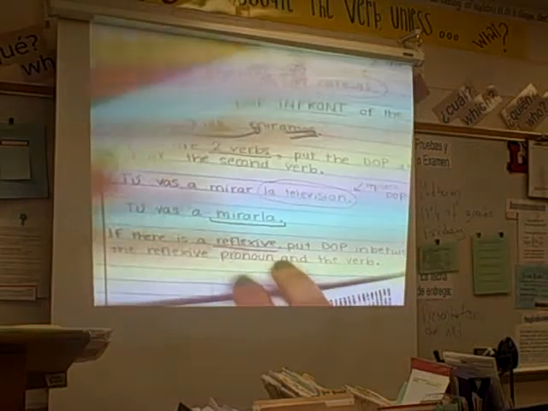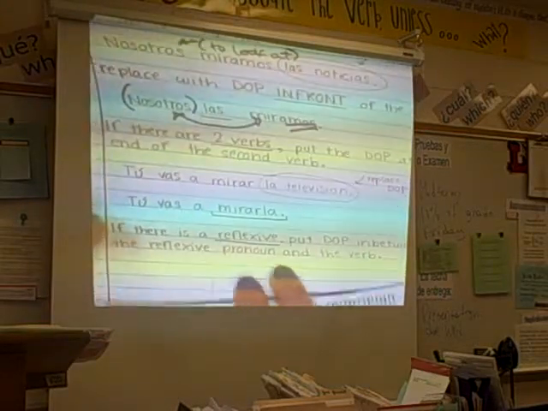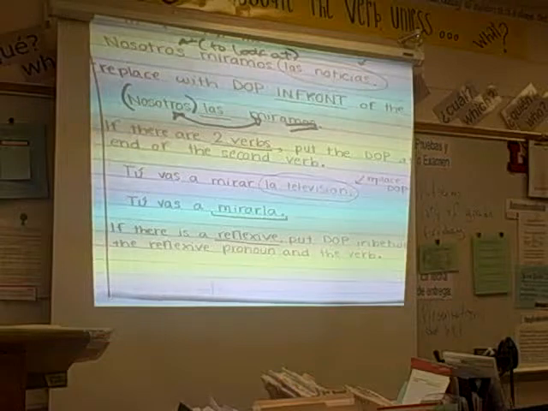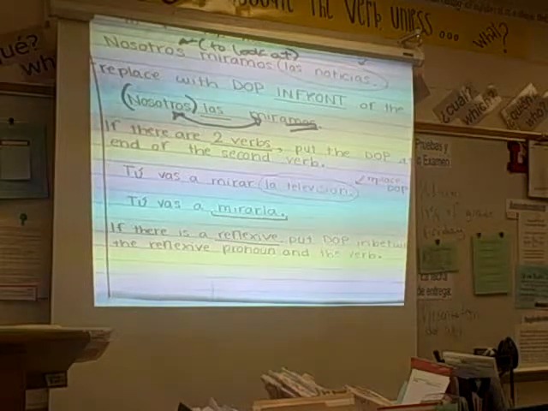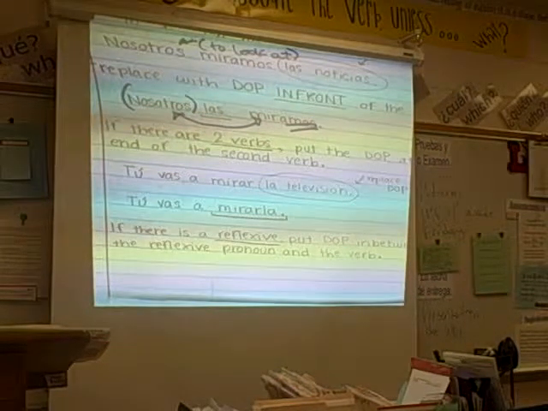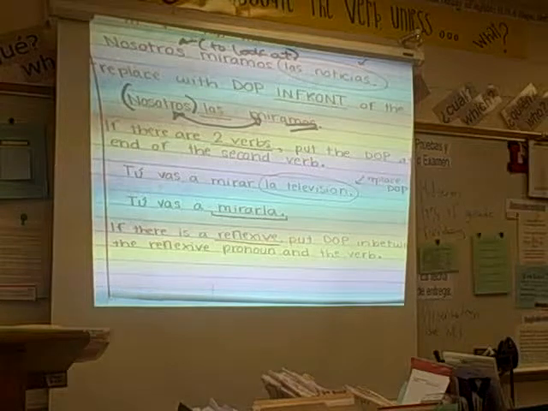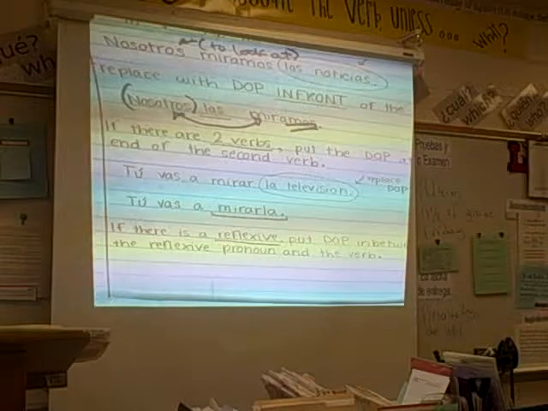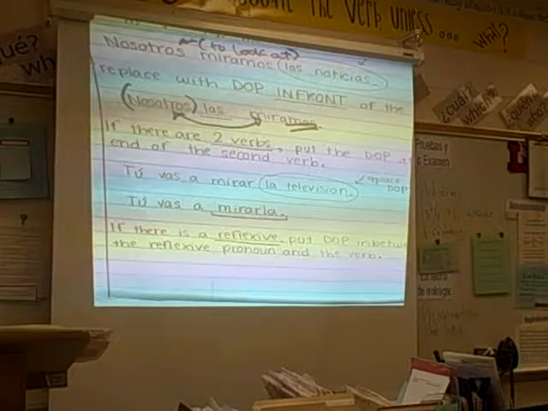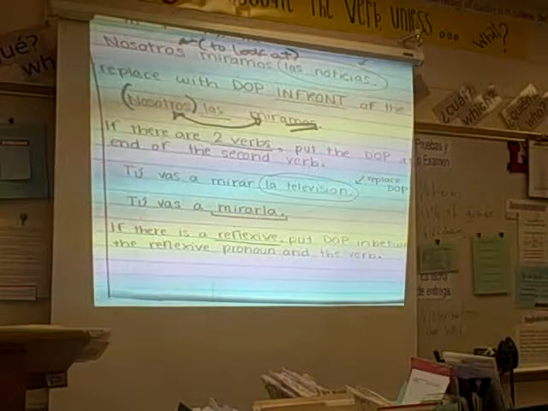Okay, so the reflexive pronoun first, then the direct object pronoun. So you're basically splitting. Normally when you have the DOP and the verb right next to each other, it'll stay that way, but if you have a reflexive, it'll come before everything.